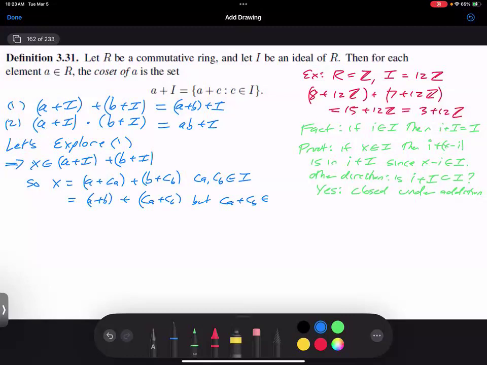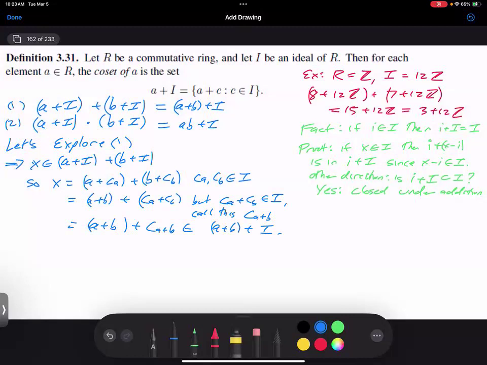It's in I, because I is an ideal. Call this C sub A plus B. So this is A plus B plus C sub A plus B, which is in A plus B plus I. So that finishes that direction.